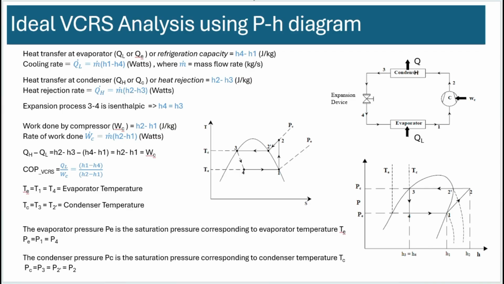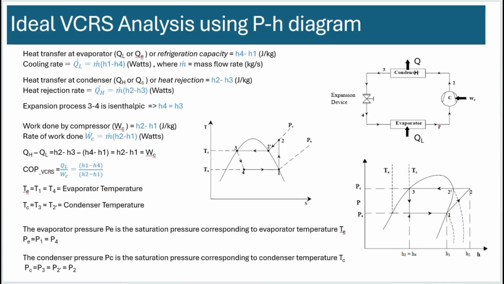Now, let's do the same analysis using a pH diagram instead of a TS diagram. Okay, so in the pH diagram, the QL, or the heat transfer happening at the lower temperature in the evaporator, is from process 4 to 1. 4 to 1. Okay, so you're going left to right.